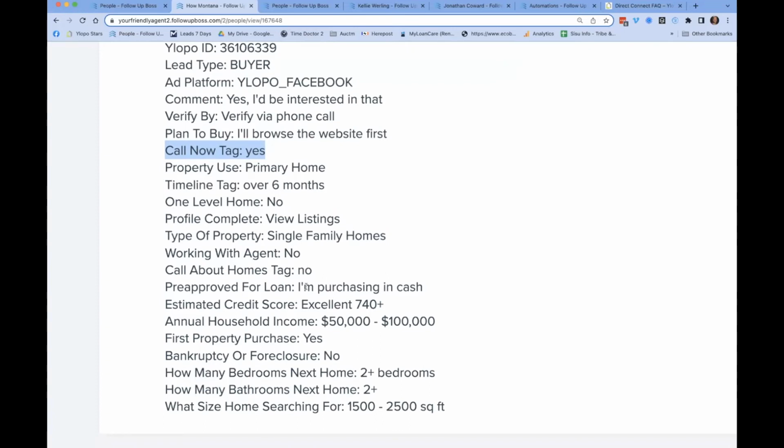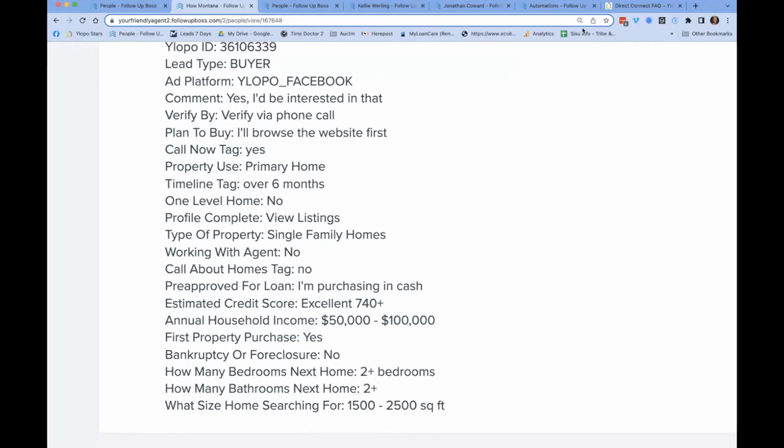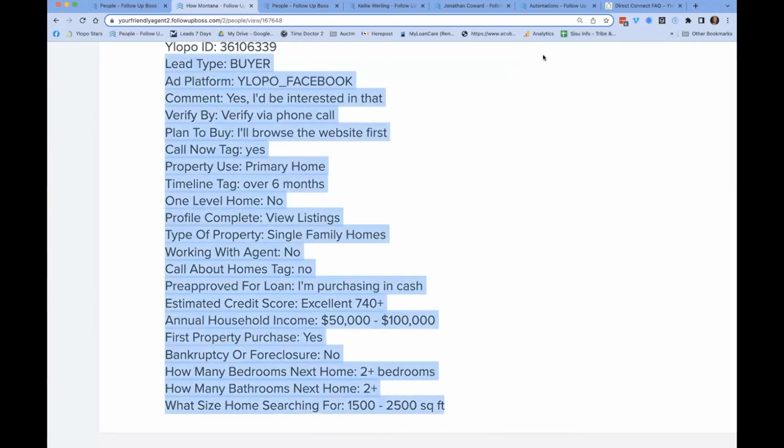Some additional data points. They don't have an agent. They're using cash. This is their first purchase, 2-bedroom, 2-bath, 1,500 to 2,500 square feet. I'm going over all these data points because they just spent a long time thinking about these answers.